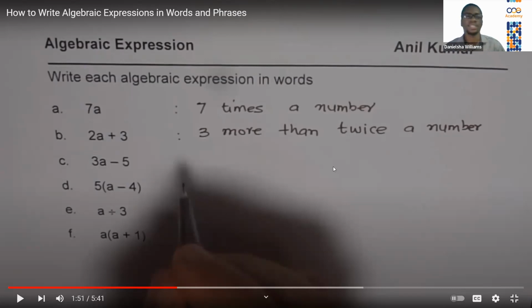That's another way of saying it. And in that sense, 5 would be one thing, and then the number minus 4 would be another thing. But yes, your answers are correct.